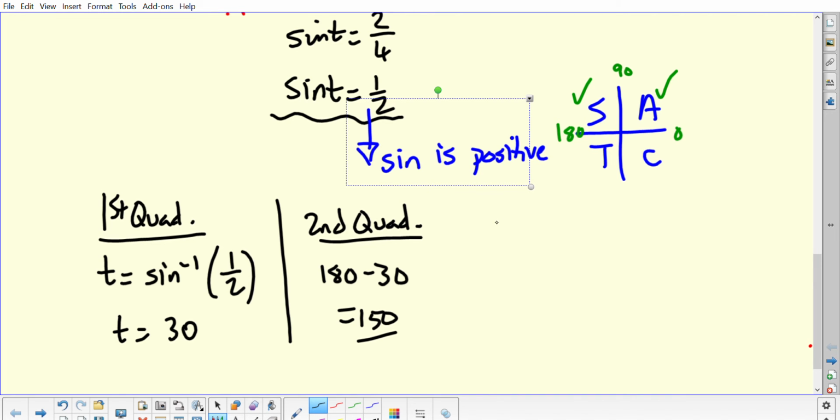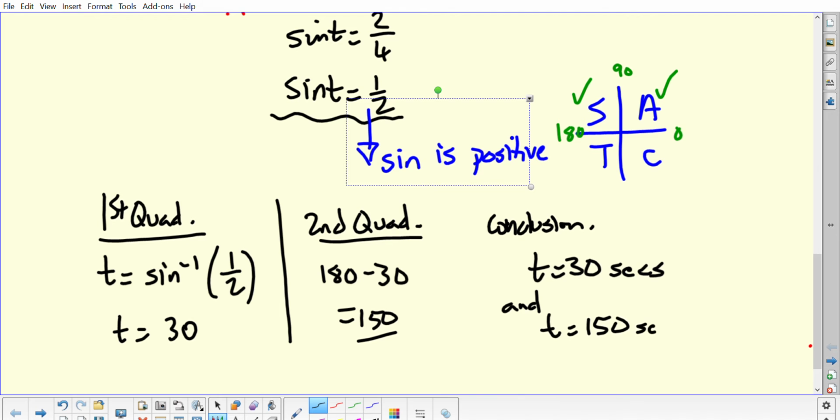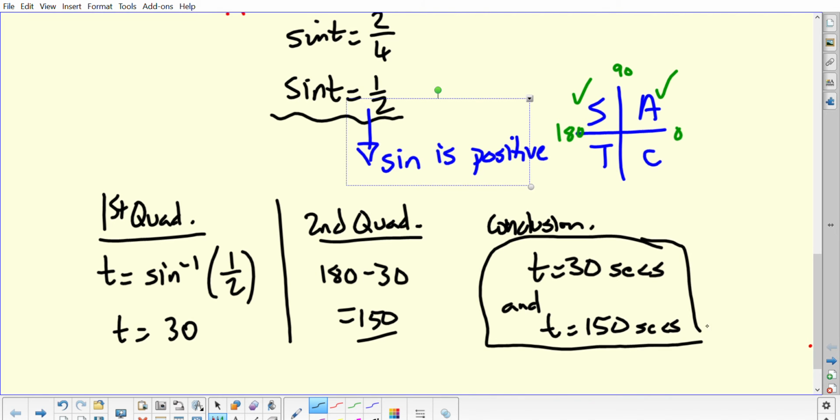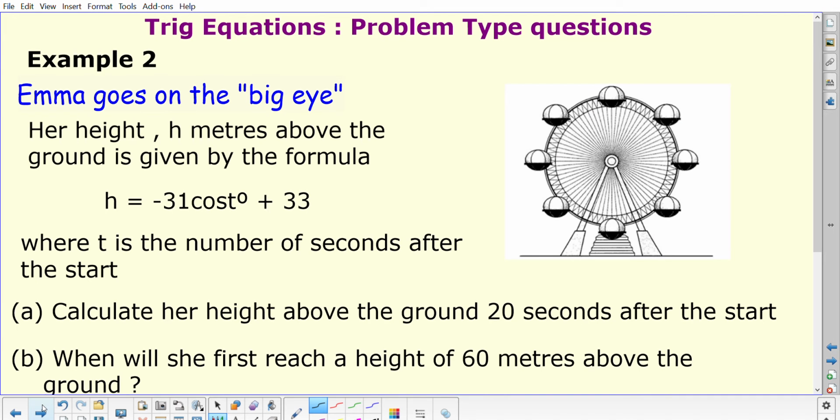So your solution, the two values that you would be looking for, would be t equals 30 seconds and t equals 150 seconds. Sometimes you will list both. Sometimes it might just be asking you about the first value or the second one, but here you needed both values. Let's have a look at a second example.